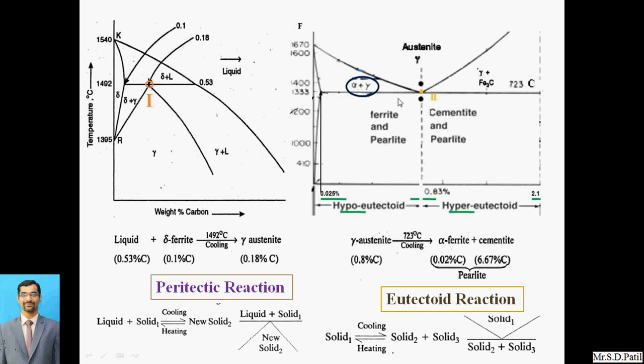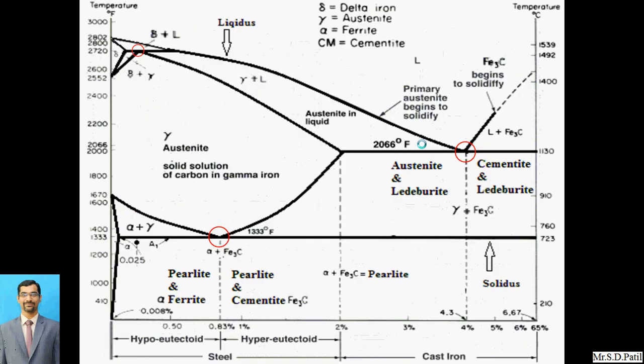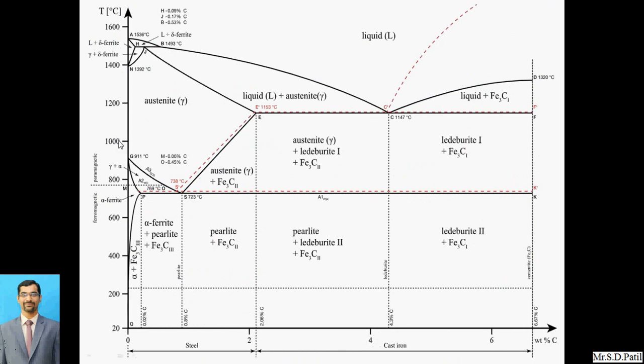So alpha plus gamma, this will be the phase for the eutectoid reactions, transformations. So at the bottom, now we are highlighting this particular portion, for the next reaction, this particular portion.